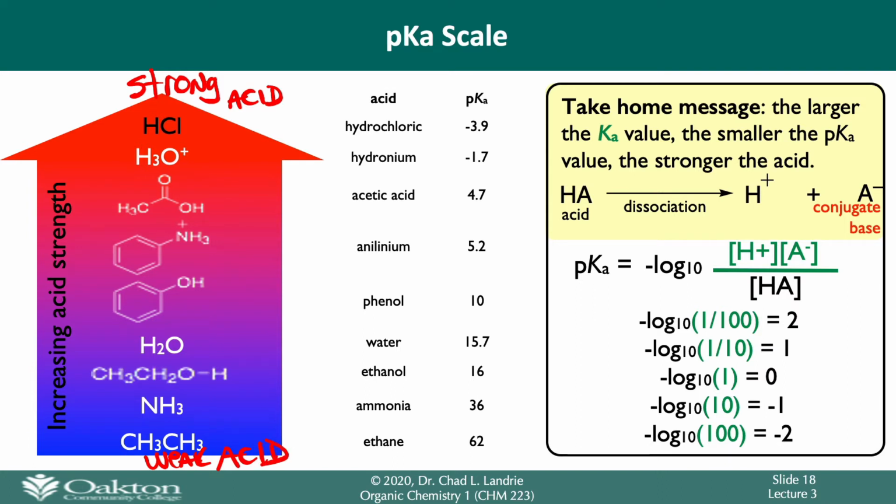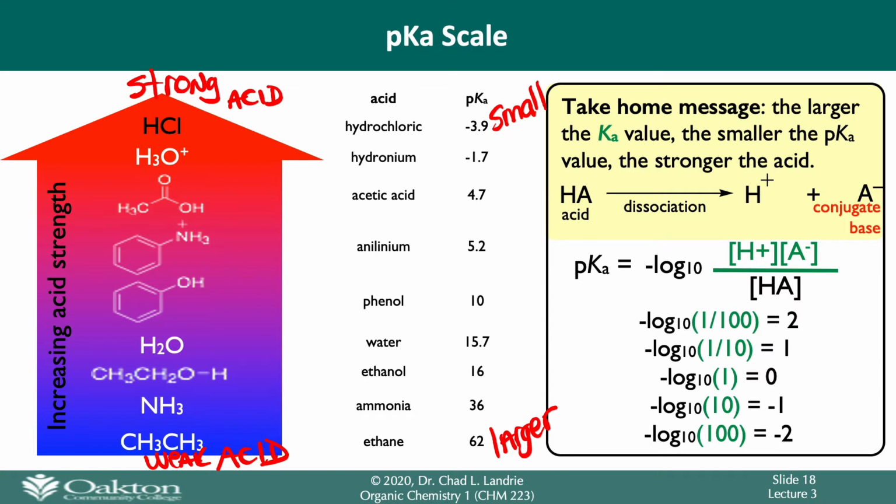If you look at the pKa values, you can see that strong acids have very small pKa values and weak acids have very large pKa values, or at least larger. But what's important here is that the scale is relatively compressed.